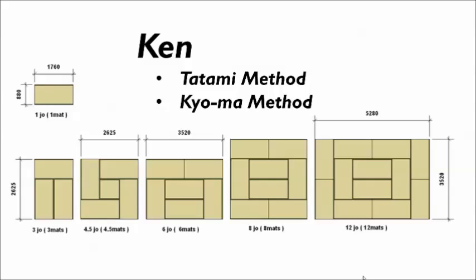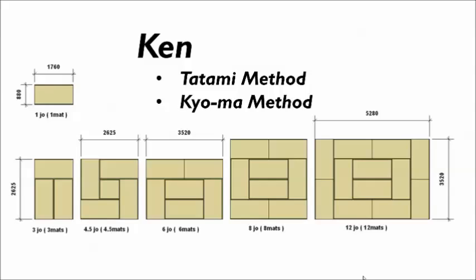The ken, you can look at it as a modular grid system, and it's developed in a couple of different ways. The first way is the inakema method, or the tatami method. There's a standard tatami floor mat. These individual rectangles that go together are standard tatami floor mats.